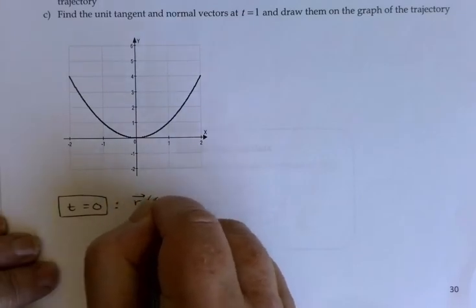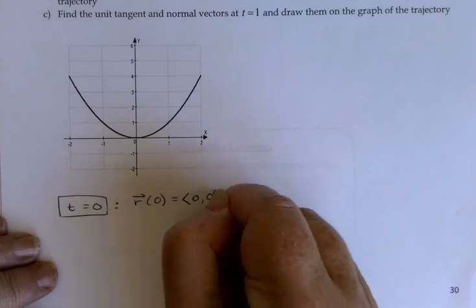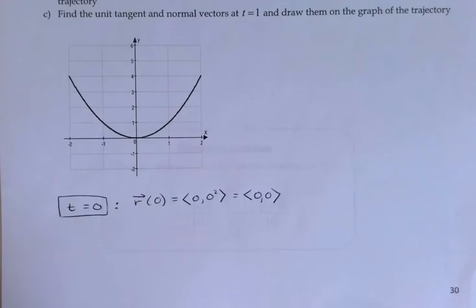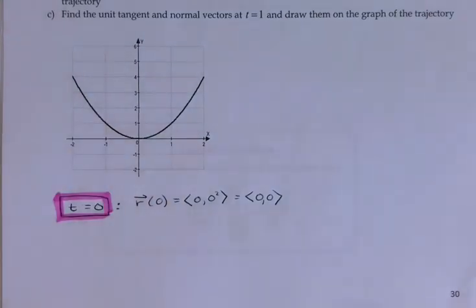First of all, notice that r of 0 would just be 0, 0 squared, or 0, 0. So let's see, I'll put these on the graph in pink. We're at the point 0, 0.